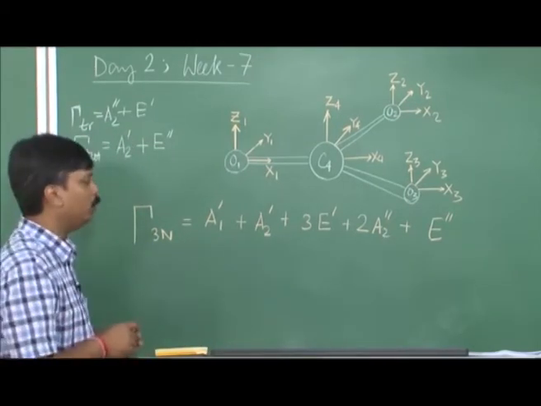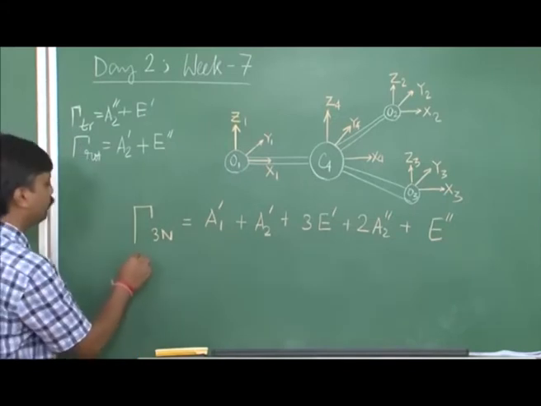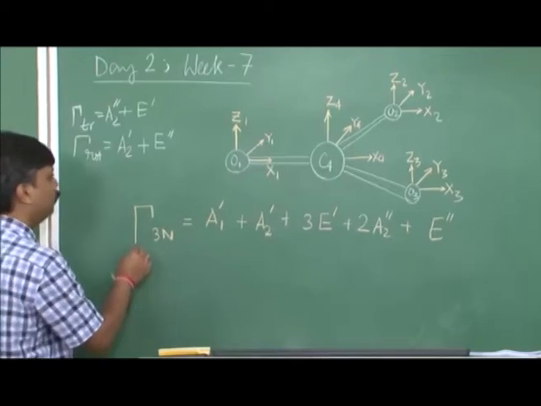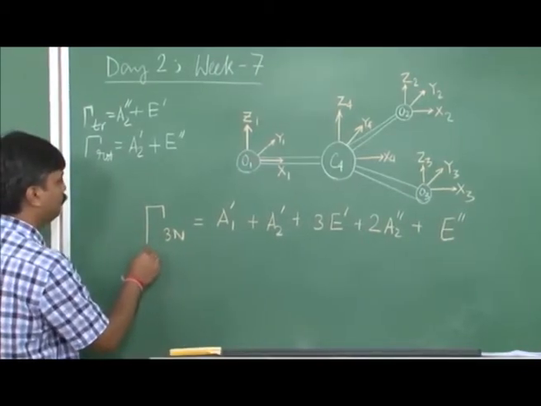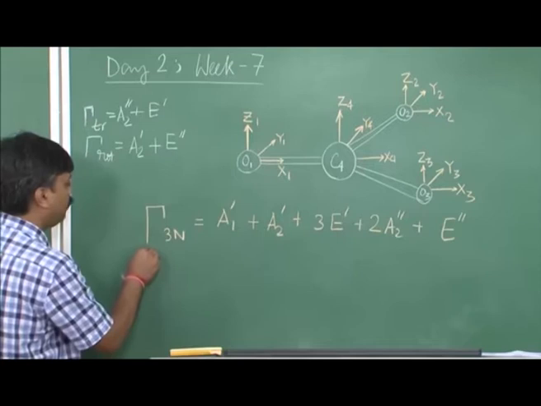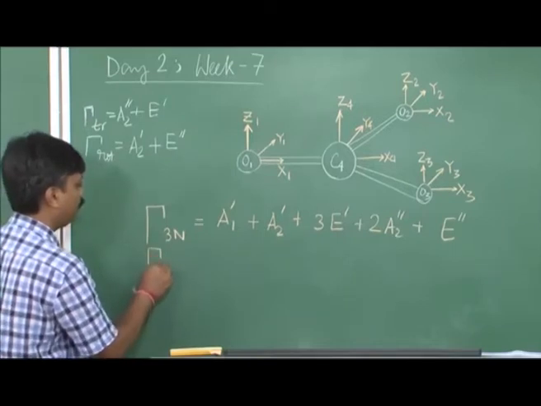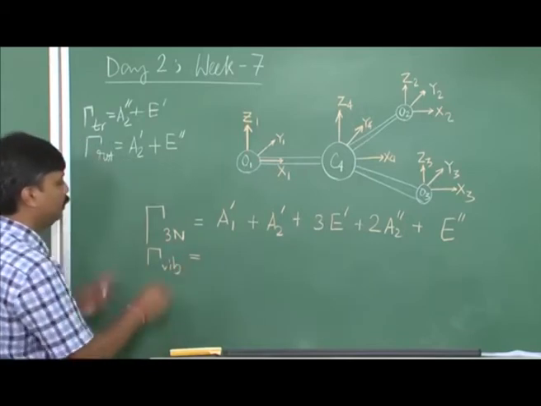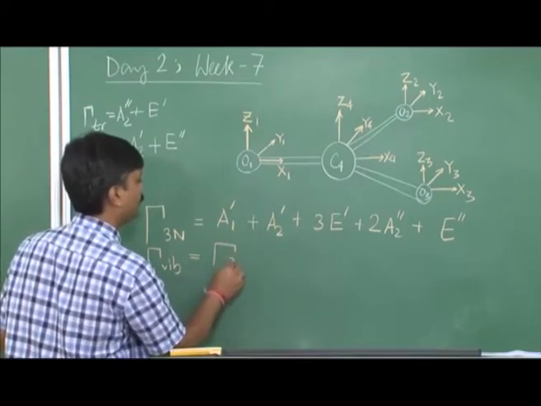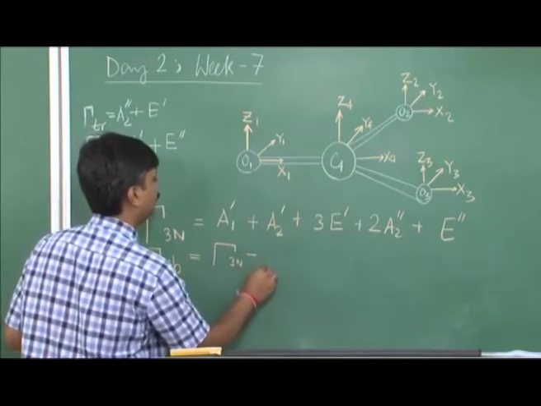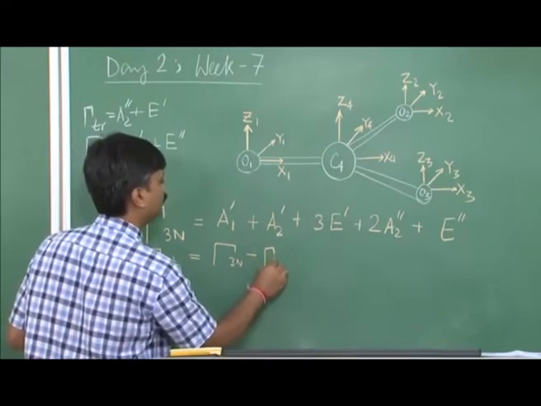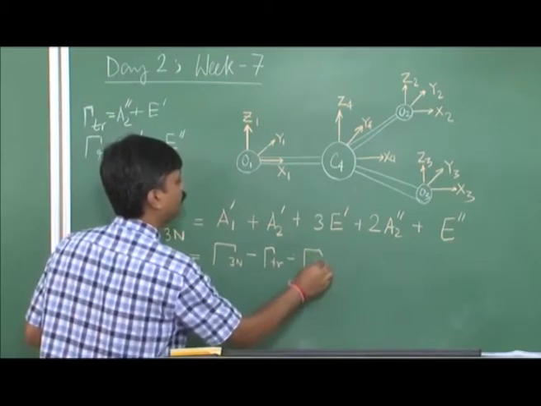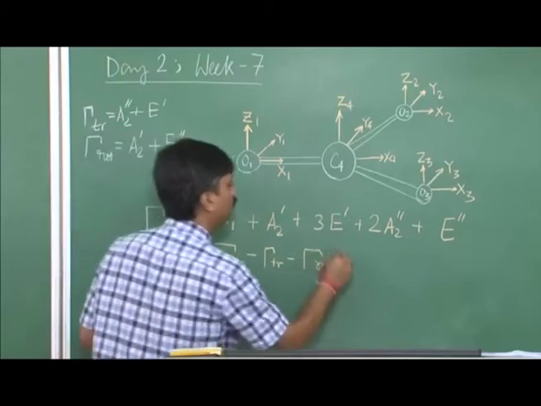So in order to do that, I have to get gamma. I can write gamma vibration equals gamma 3N minus gamma translation minus gamma rotation. Okay, so what do I have here?